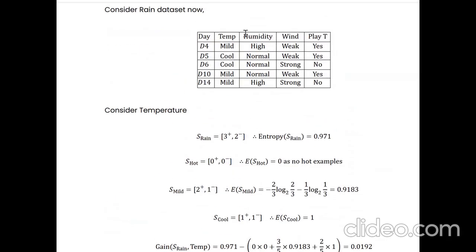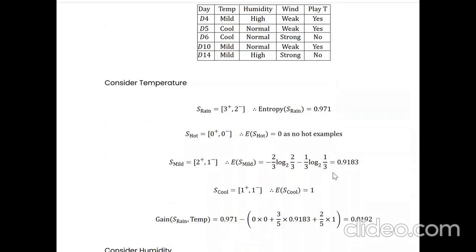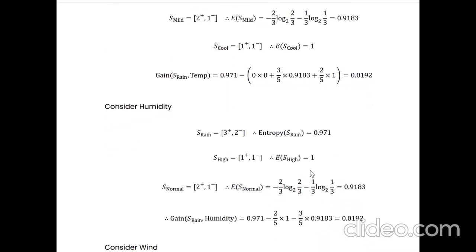Now we'll consider the next one, that is humidity. We have high and yes, high and no. So one positive, one negative. Therefore, entropy is 1. We'll consider normal. We have normal and yes, normal and yes, normal and no. So 2 positive, 1 negative.